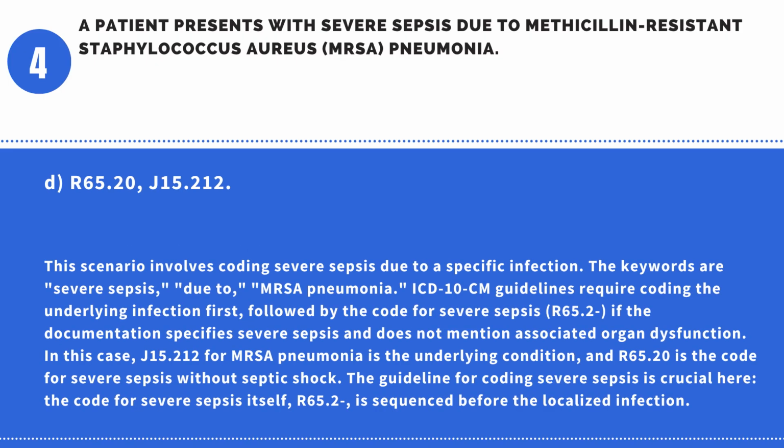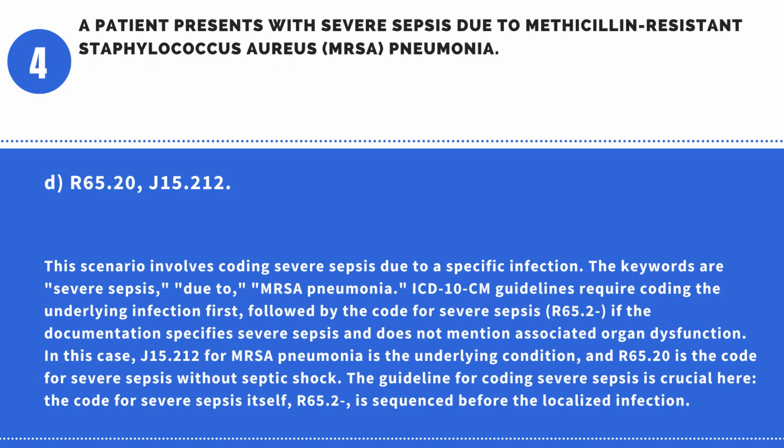Answer: D. R65.20, J15.212. This question involves coding severe sepsis due to a specific infection. The keywords are severe sepsis, due to MRSA pneumonia. ICD-10-CM guidelines require coding the underlying infection first, followed by the code for severe sepsis, R65.2, if the documentation specifies severe sepsis and does not mention associated organ dysfunction.